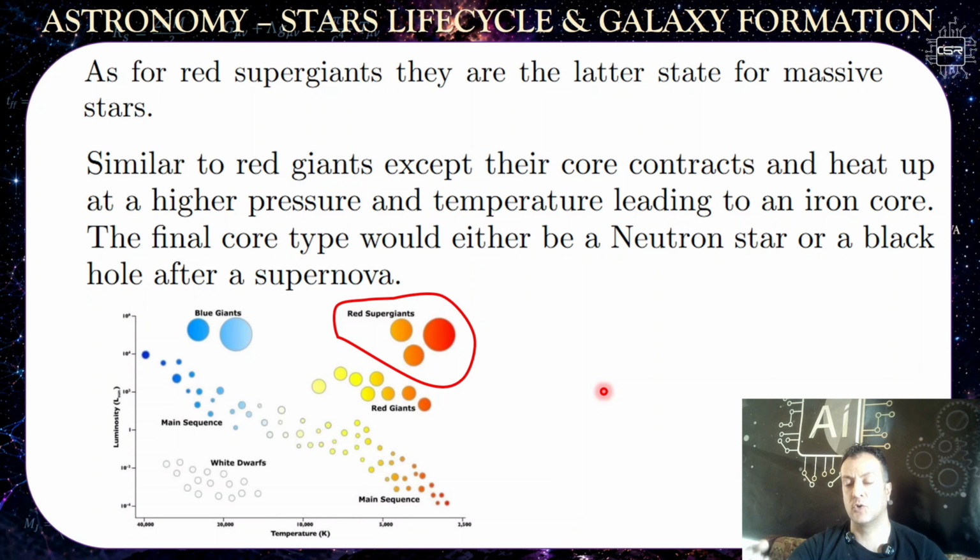Then they would contract into an iron core that will implode and explode, bouncing inward and outward, exploding into a supernova, leaving a neutron star or a black hole as a final remnant. Of course, the external shell would have been shed away from the core, okay? That would also form a new nebula.